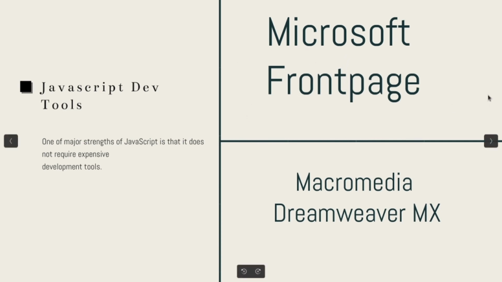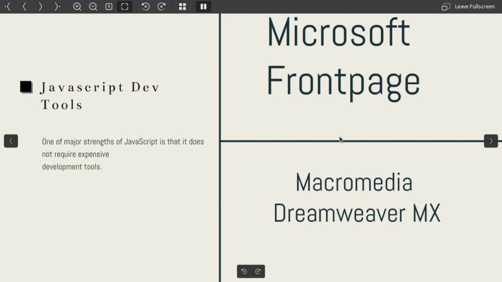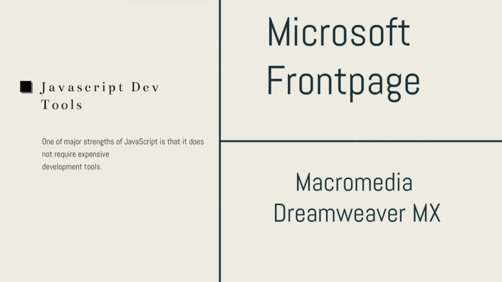Some of them are like Microsoft FrontPage. It's one of the vendors. They develop an HTML editor called FrontPage. FrontPage also provides web developers with a number of JavaScript tools to assist in the creation of interactive websites. Next, we have Macromedia Dreamweaver.